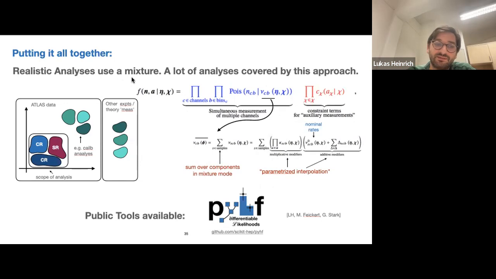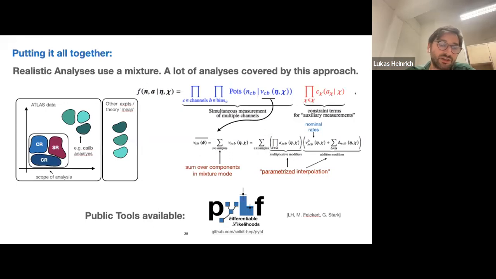And what's interesting is that you can roughly estimate that a very large fraction of scientific results at the Large Hadron Collider use exactly this simple shape of the likelihood. And the reason why that works is that most of the physics really happens in the projection step of finding these summary statistics, and then the ultimate statistical model that you build out of these summary statistics is usually just a series of Poisson terms, and then whatever you use for subsidiary measurements, which might be, for example, these Gaussian terms or also Poisson terms.